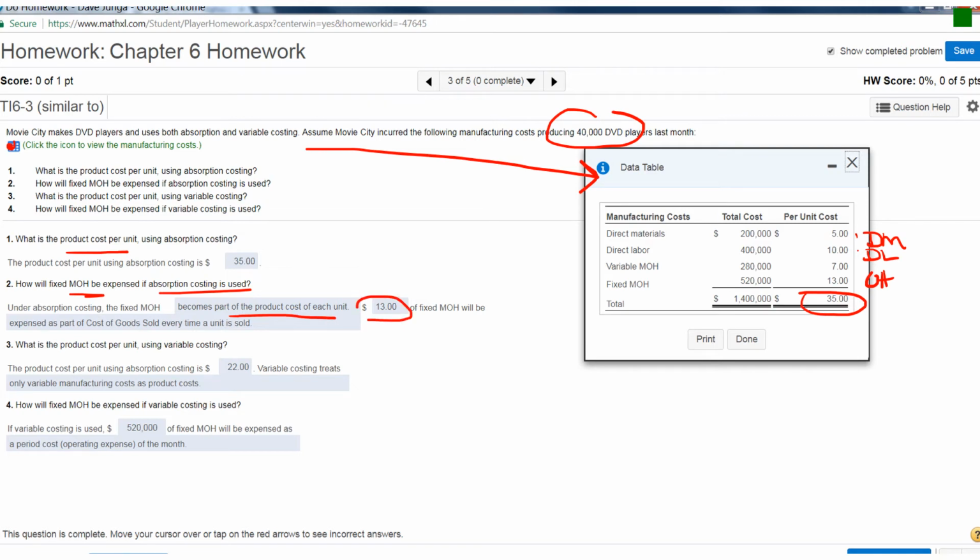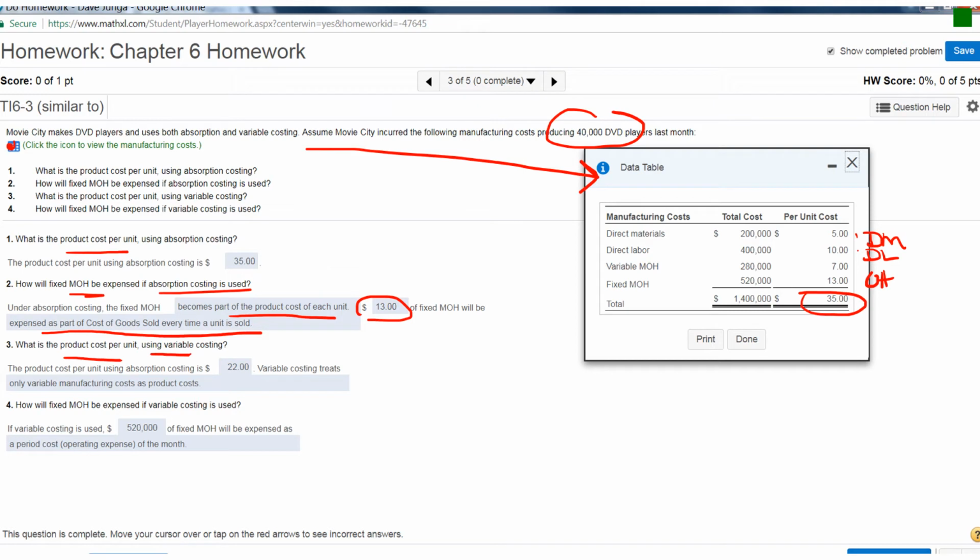The $13, that's the cost per unit, that's the fixed part of it, will be expensed as part of cost of goods sold every time a unit is sold. But essentially, all of your product costs, all the $35, is expensed each time your product is sold because all those represent inventory.